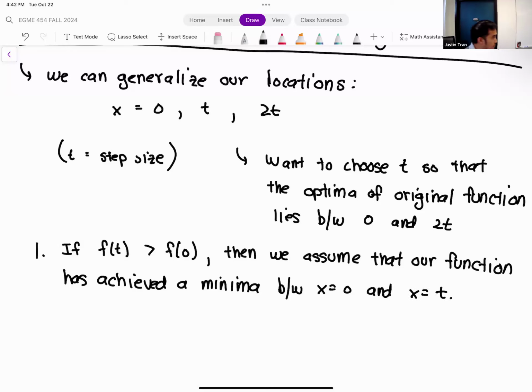So the minimum has already been reached between 0 and x equal to t.